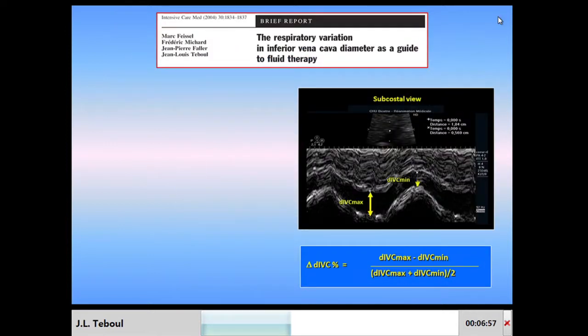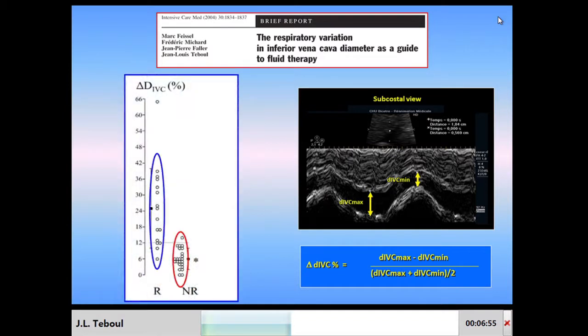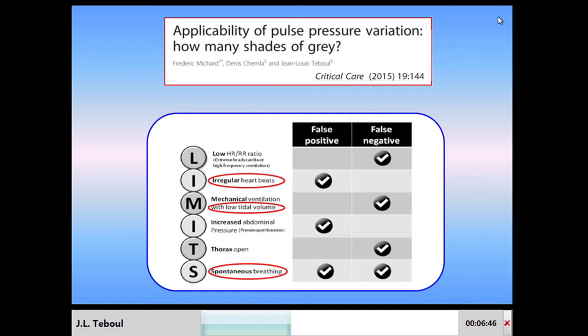Also, we can look at the variability of the inferior vena cava diameter using ultrasound, and it also works very well in patients receiving mechanical ventilation. But we have many limitations to use all these indices in clinical practice. We cannot use them in case of arrhythmias, in case of spontaneous breathing activity, low tidal volume, low compliance of the lung, many situations which are very common in our patients.